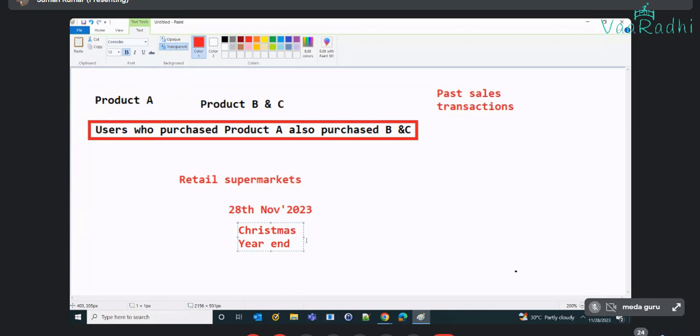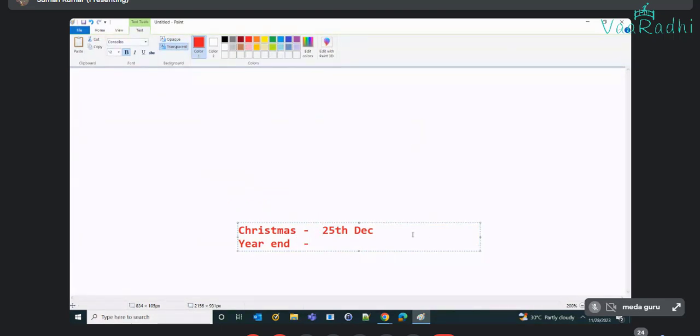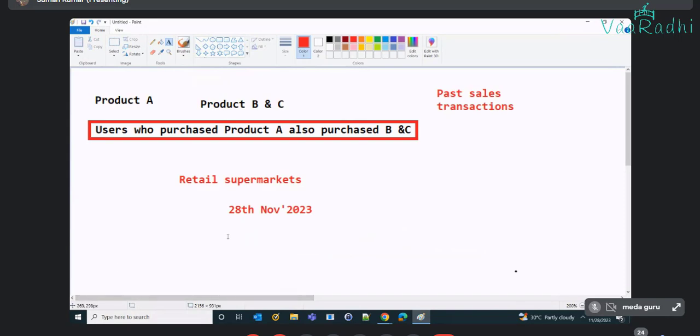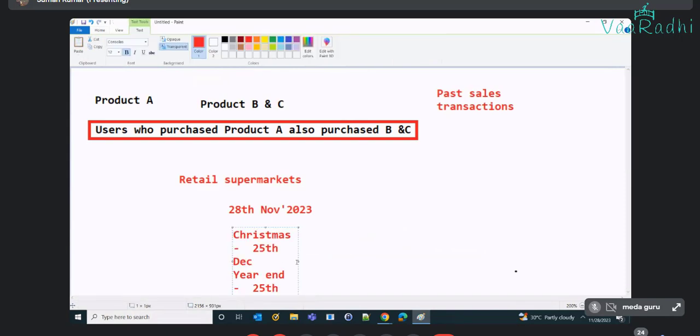It will fall on dates like 25th December to 1st Jan 2024. So this is my upcoming festival season.